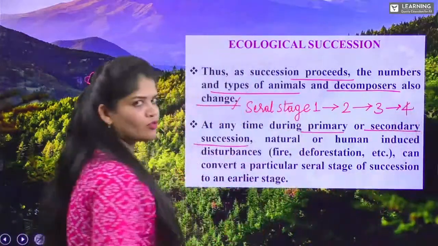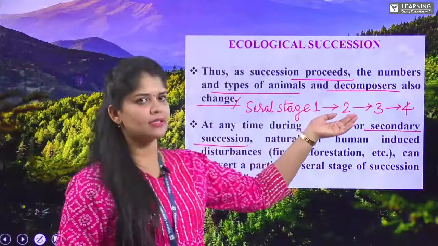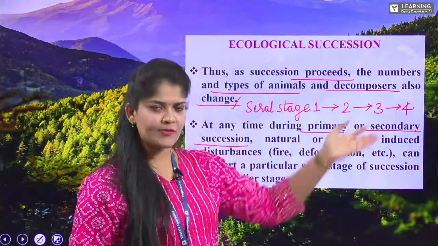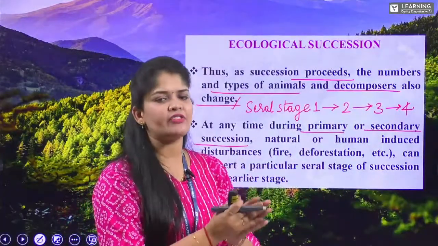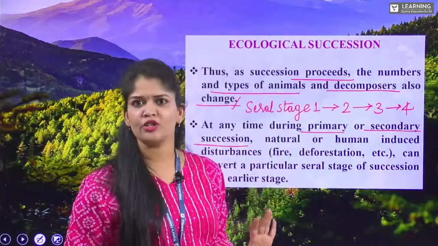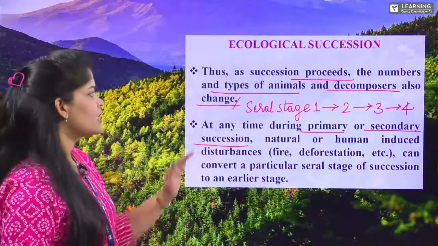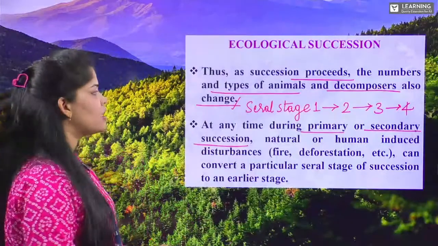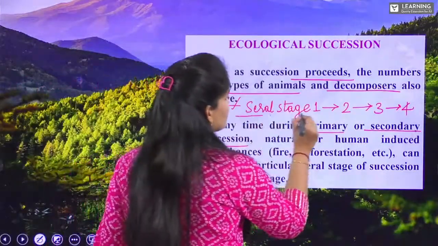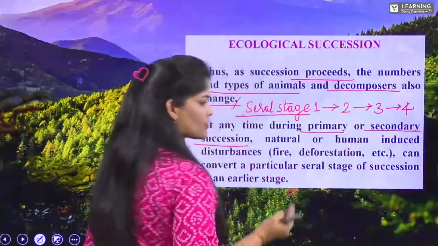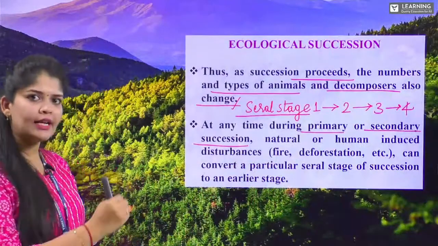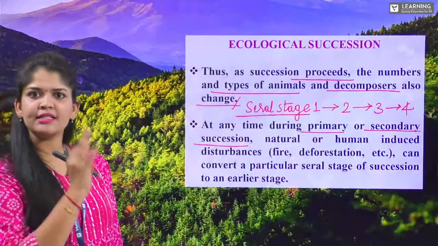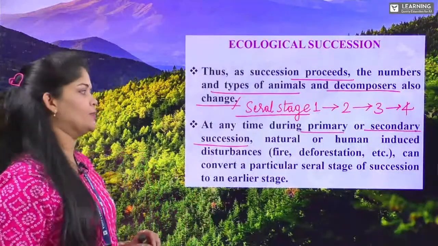Say, for example, phytoplankton, submerged rooted plants, then rooted plants with floating leaves, then herbs, shrubs, and finally trees. That is what happens. So here, this is a series, in order, happening parallelly. Stage 1 reaches stage 2, then 2 becomes 3, 3 becomes 4, and it finally reaches the final stable, near-equilibrium community.